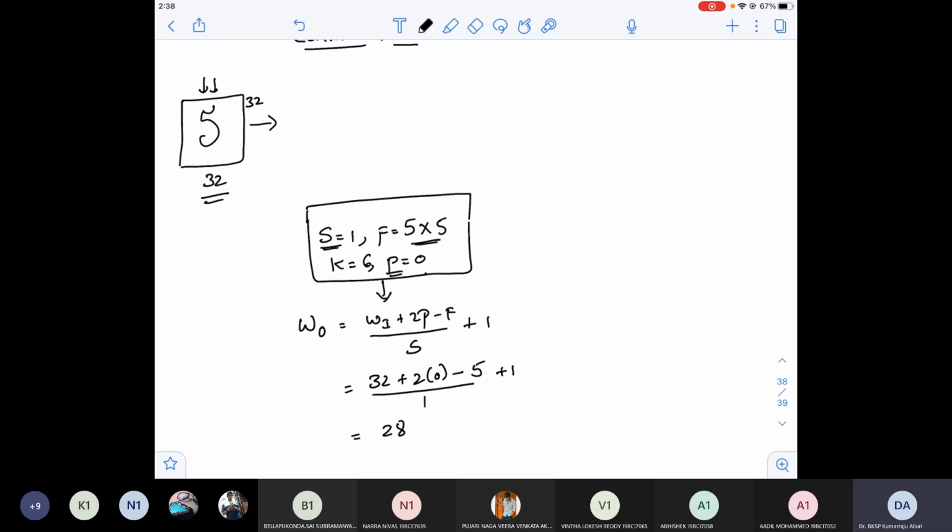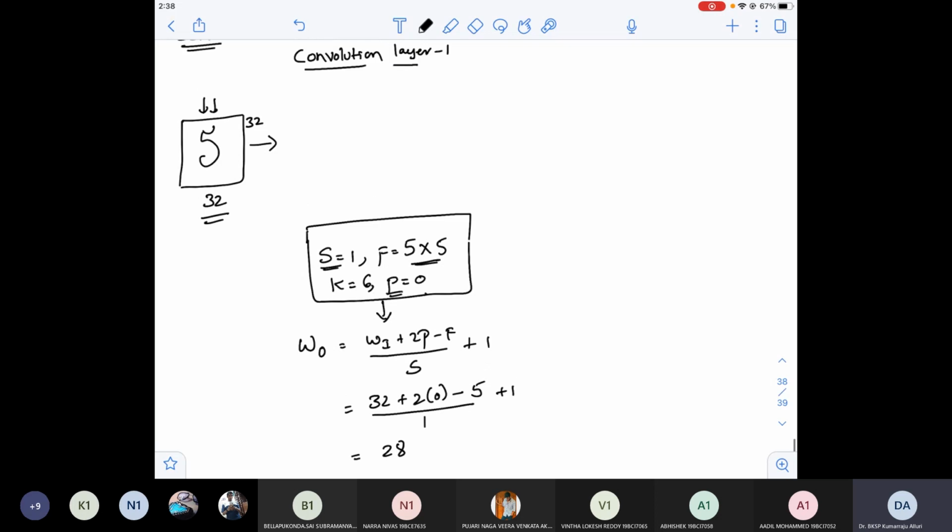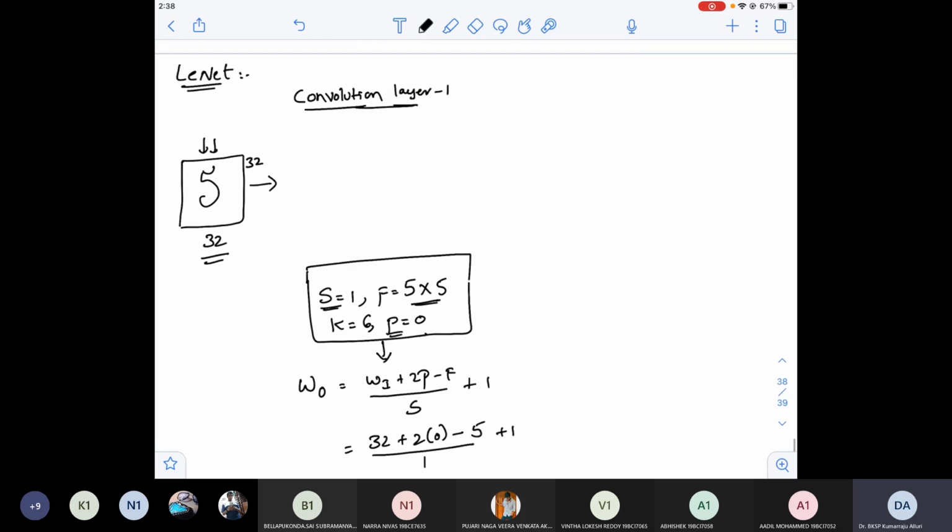That means the width of the output after applying the convolution operation with this configuration, on this image with this filter size, is a new image of width 28. Similarly, for the height, Ho is (Hi plus 2P minus F) by S, plus 1.